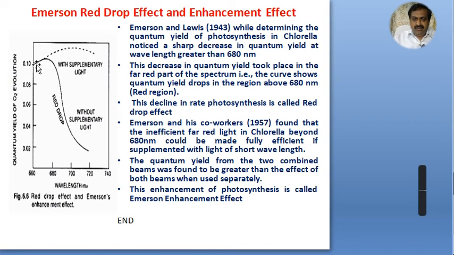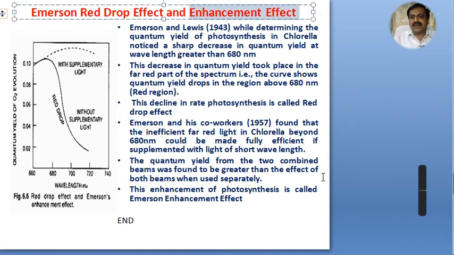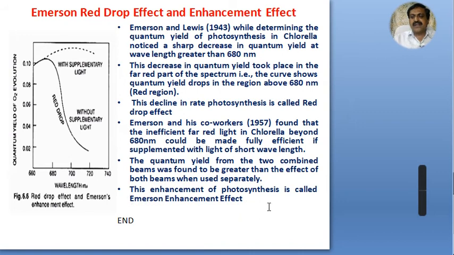Look at the graph written in the dotted line. There is an enhancement in the rate of photosynthesis when the chlorophyll is subjected to light of shorter and longer wavelength simultaneously and alternately. This enhancement of photosynthesis itself is called the Emerson enhancement effect.